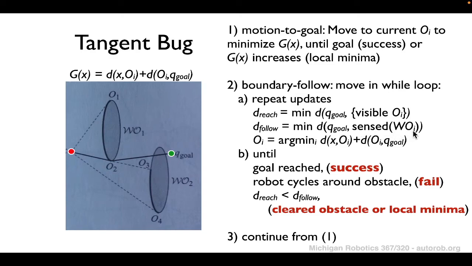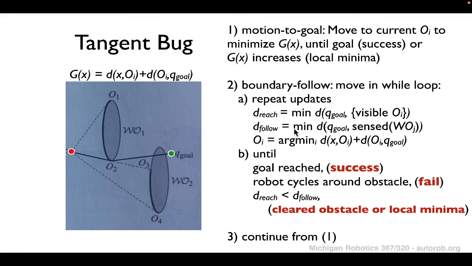And then you're also going to update at each step of this boundary follow loop the visible O sub I, which is the visible object extent that you're considering within the d-reach variable calculation, where O sub I is defined as the argmin, so the obstacle extent O sub I that minimizes this heuristic between the distance of the current robot to O sub I and the distance of O sub I to the goal configuration.